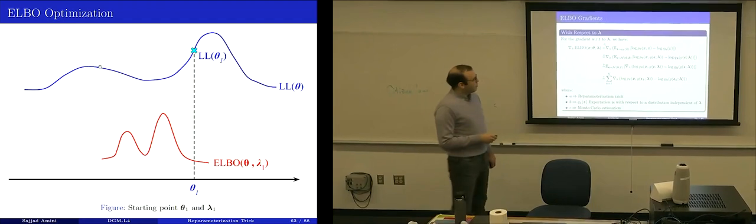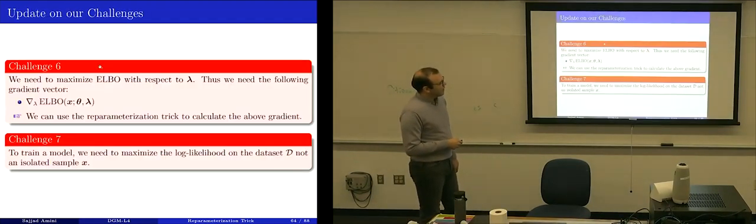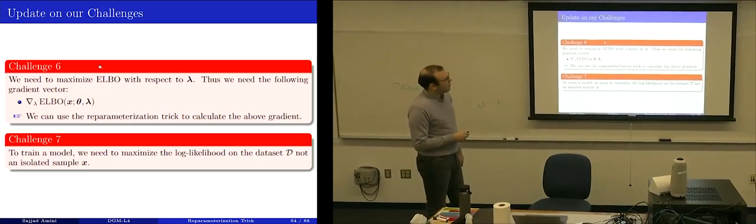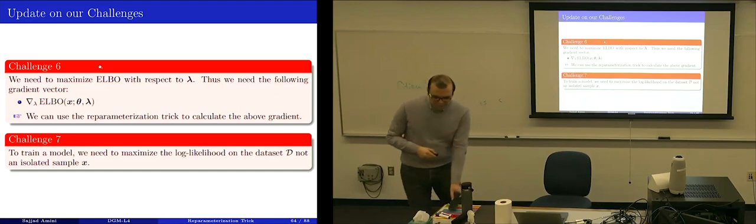So this was the solution. So now you can maximize ELBO with respect to theta and lambda because you have its gradient with respect to both of them.